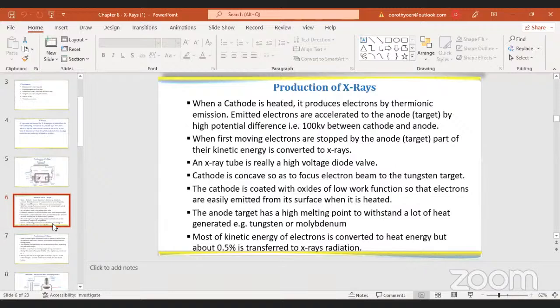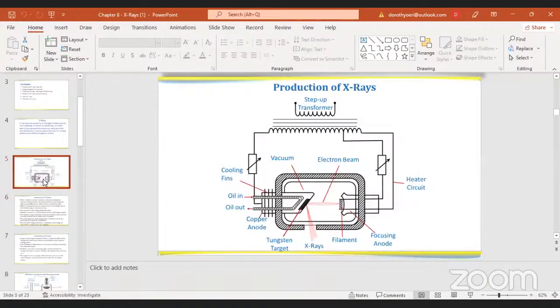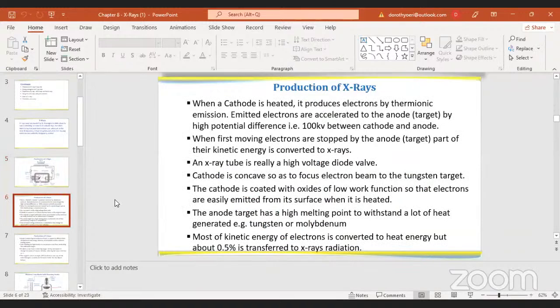Only 0.5% is converted to X-rays. The remaining, that is 99.5%, is converted to heat energy. That is why we need the target to be a metal of high melting point so it does not melt.